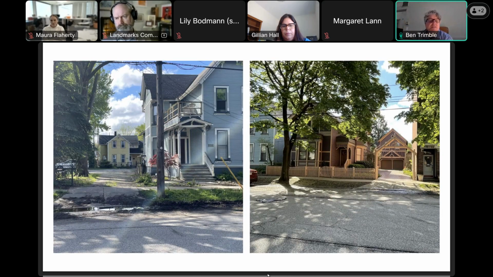This is just to the west of our site, the image to your right, which is a really cute carriage house behind this house on Bridge. And so as we were talking through with Landmark's staff, we thought that maybe the solution to our problem might be trying to set back a carriage house so that it almost looks like it's an accessory to one of the surrounding houses to try to minimize the impact of that garage door.